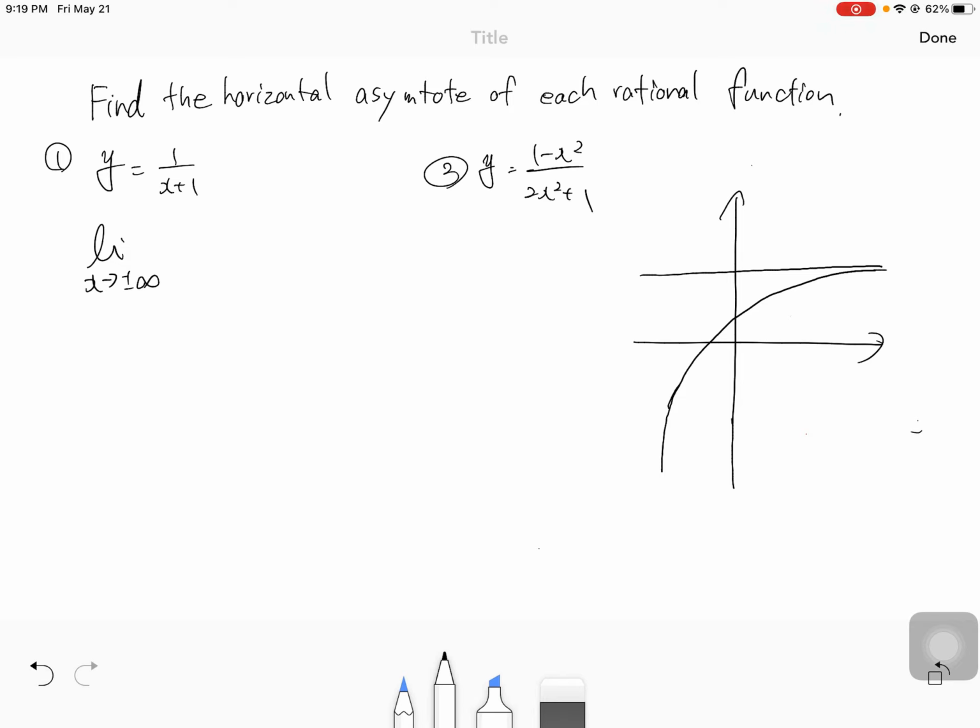If the value is infinity, which means the graph is somehow like this, it doesn't have any horizontal asymptote because it isn't getting close to any value. It's just getting bigger and bigger.